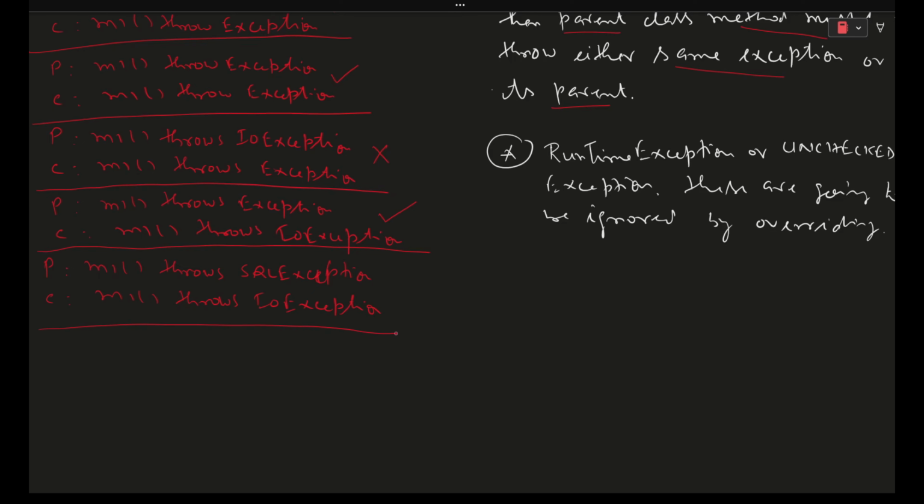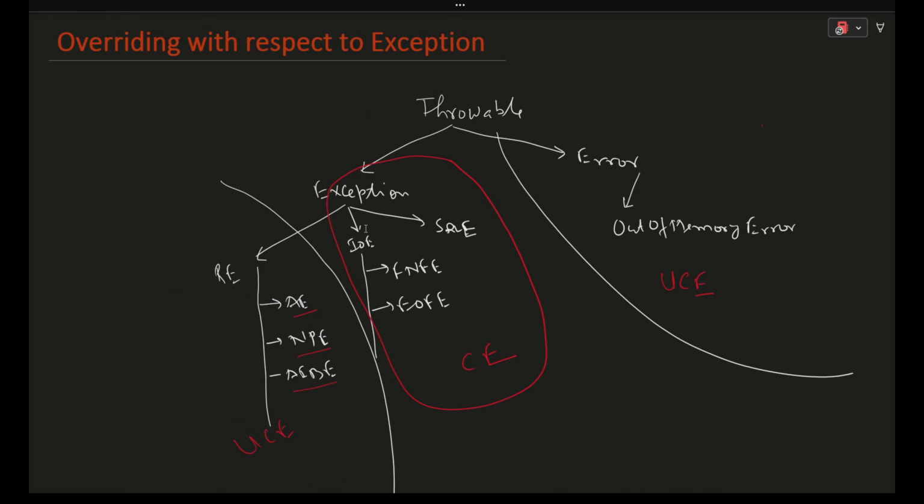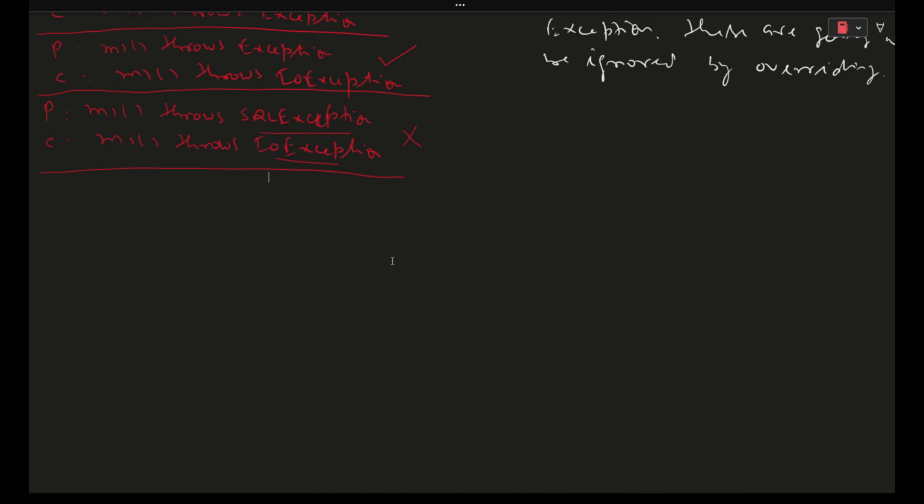What will happen? Will it be a valid use case? No, because SQLException and IOException don't have any relationship. See here, IOException and SQLException don't have any relationship, right? That is why this is not a valid use case.